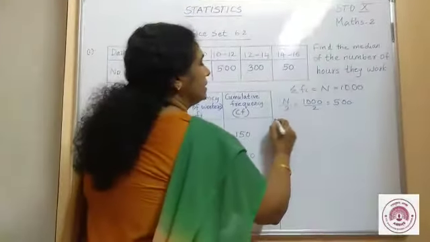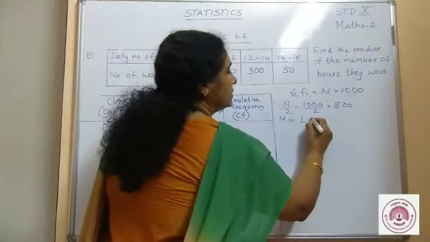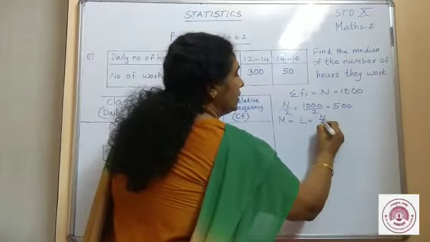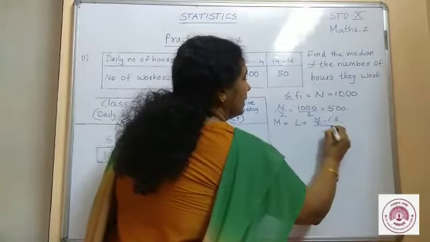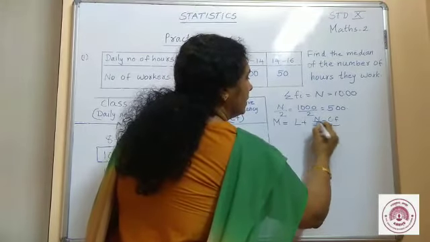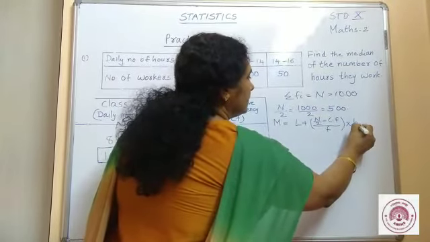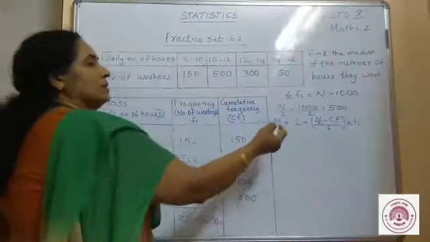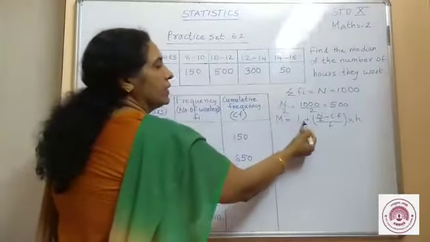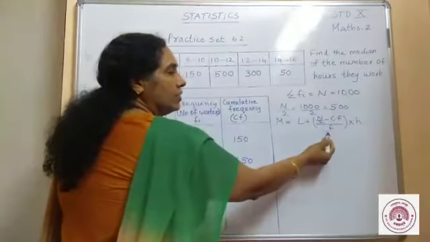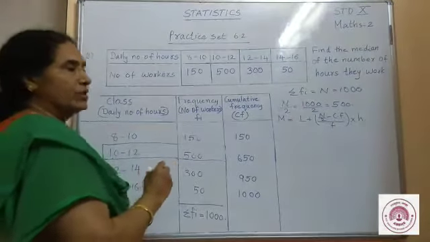Now the formula for finding the median is: median is equal to L plus N by 2 minus CF upon F into H. L means the lower limit of the median class.